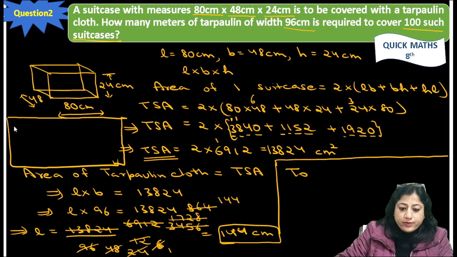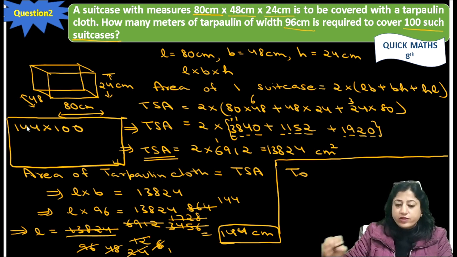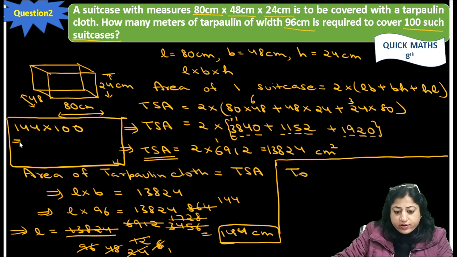Now therefore, how many meters? 100 such suitcases we can write as 144 into 100. The length to cover one suitcase is 144. For 100 such suitcases it will be 144 into 100, and it is in centimeter.